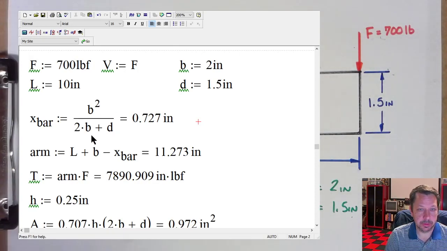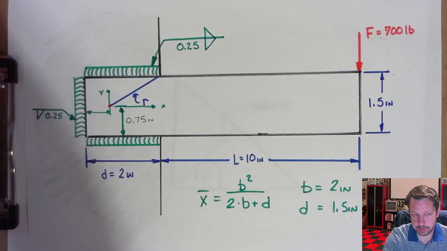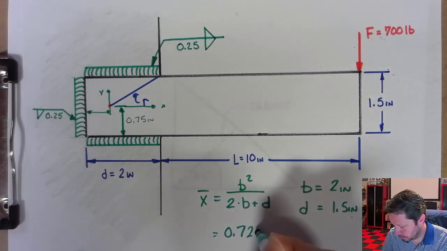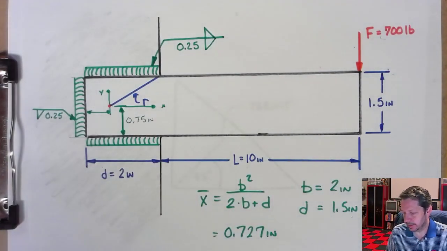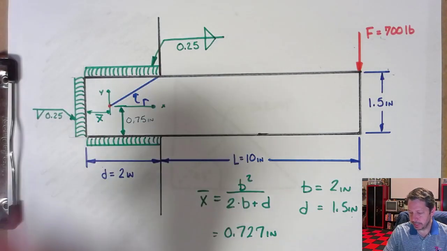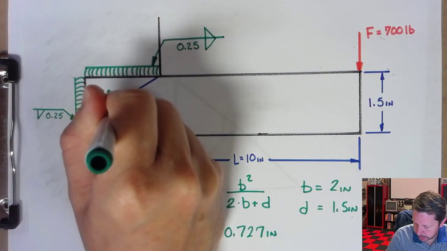And then here's X bar. And it comes out that X bar is 0.727 inches, and that is this distance. So now I've located the centroid. I know where the centroid is now.